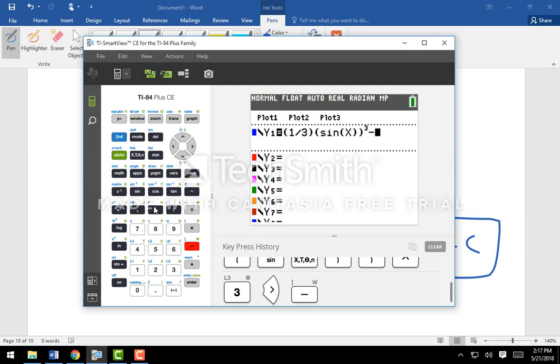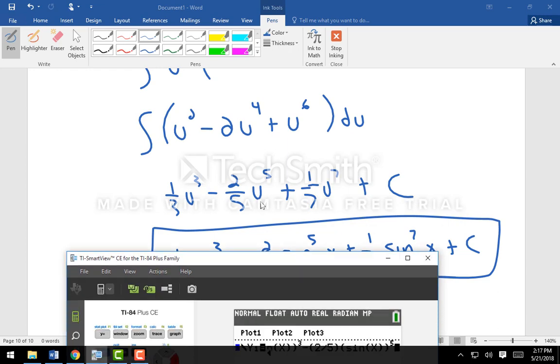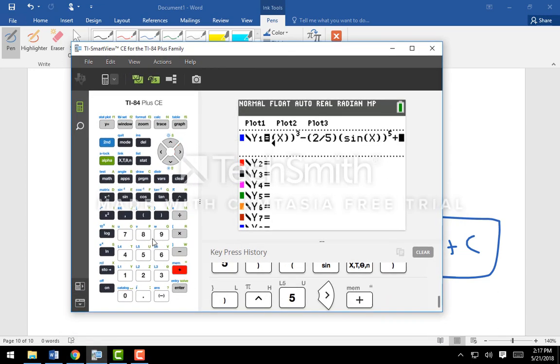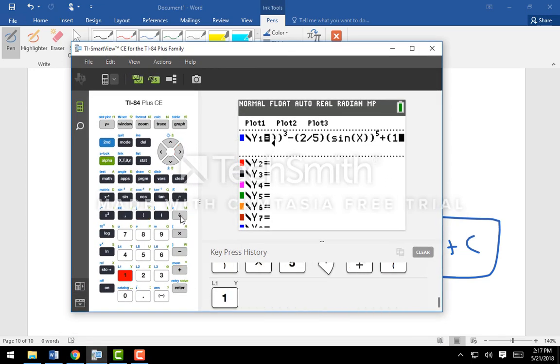So I'm going to do minus 2/5, and then parentheses, I have sine of x raised to the fifth. And then what was my last one? I had plus 1/7 sine to the seventh. Close the fraction, and then I have sine to the 7th.